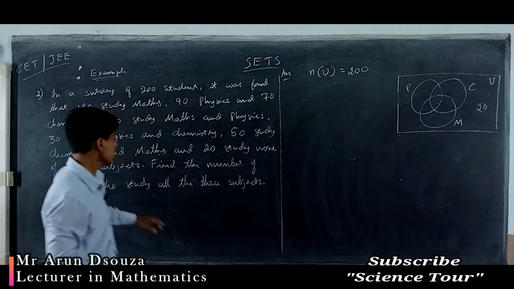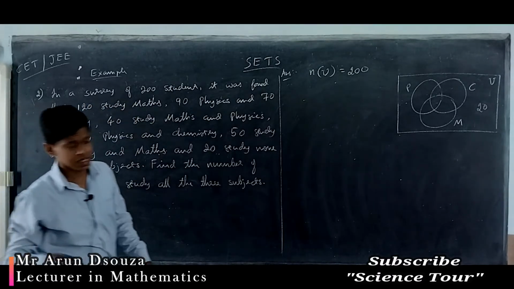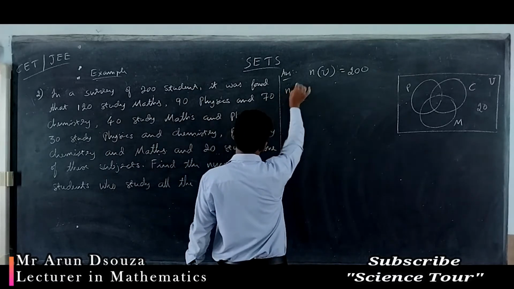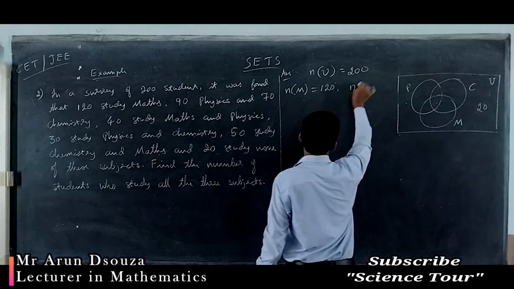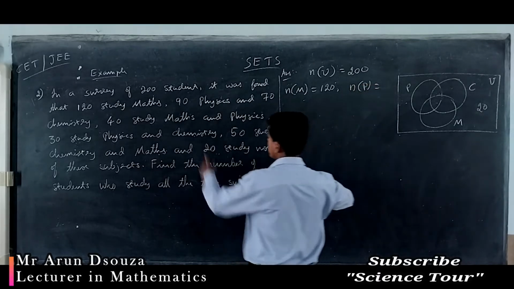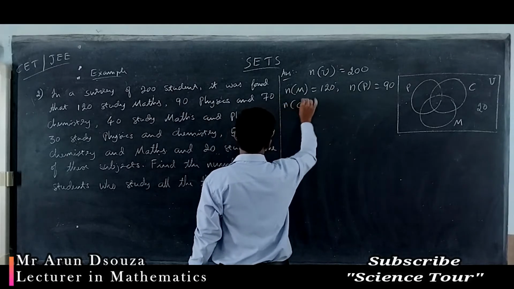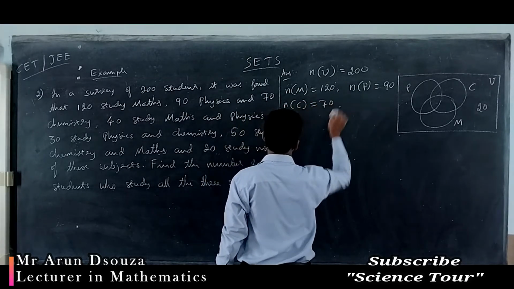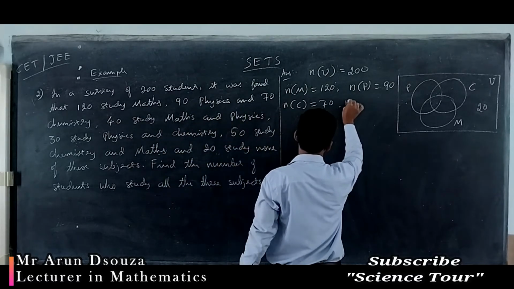Now 120 study maths, so let me write n of m. And how many study physics here? 90, and chemistry 70, and then 40 study maths and physics.